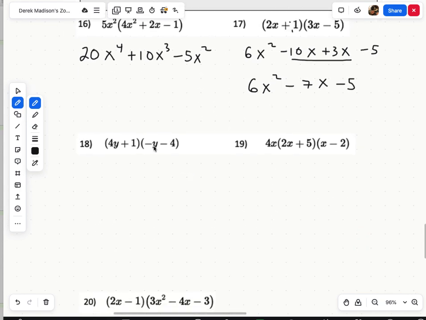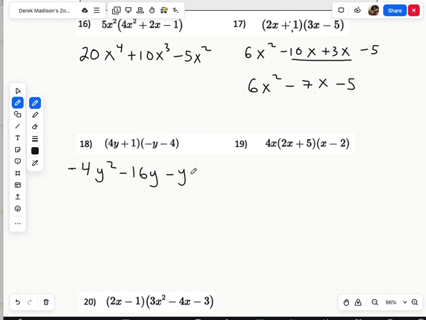This next one is pretty much the exact same thing with slightly harder signs, but we'll see how that goes. So 4y times negative y will be negative 4y squared. 4y times negative 4 will give us a minus 16y. 1 times negative y, we'll just call that negative y.